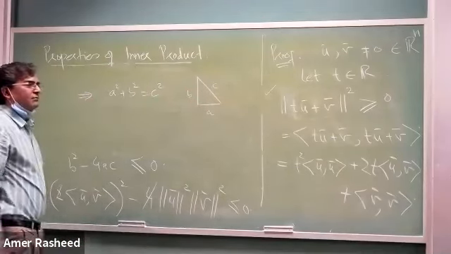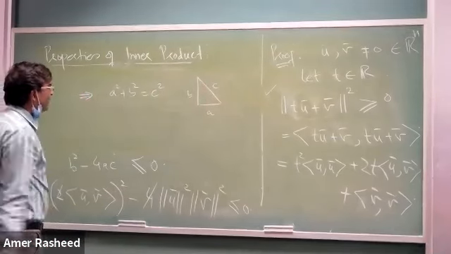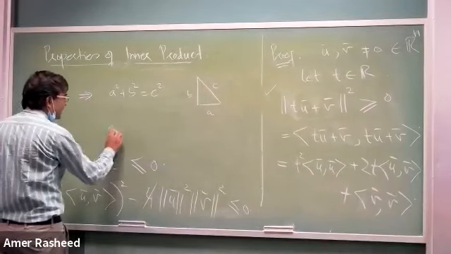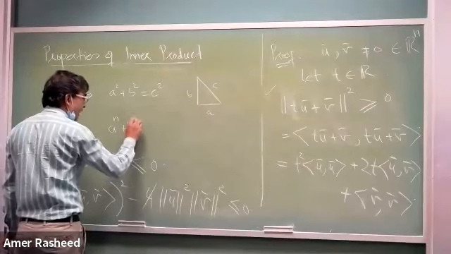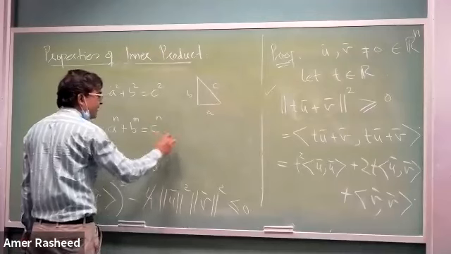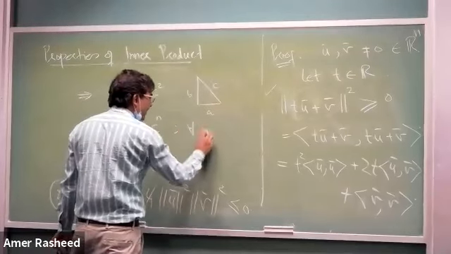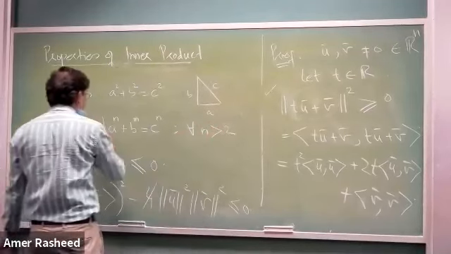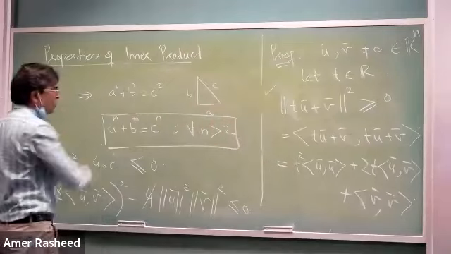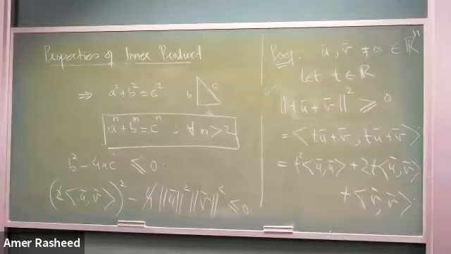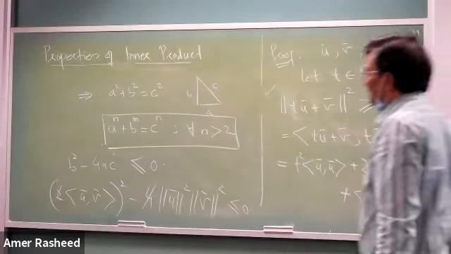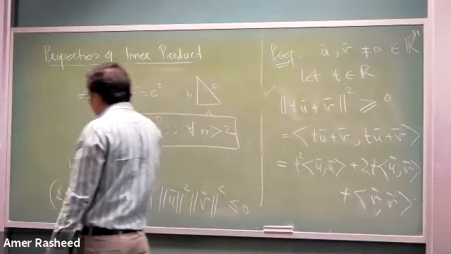This is the Pythagoras theorem. Fermat asked whether this equality holds if we put n here, A^n plus B^n equals C^n for all n greater than 2, whether this equality holds or not. Now, can you prove this? Fermat was a French mathematician who gave this. This is called Fermat's theorem.